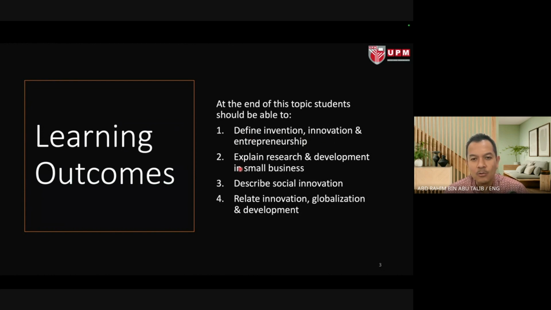And you will also be able to explain what is research and development in small business, why is it important, why R&D is also applicable to small businesses, not only to big giant companies, right?